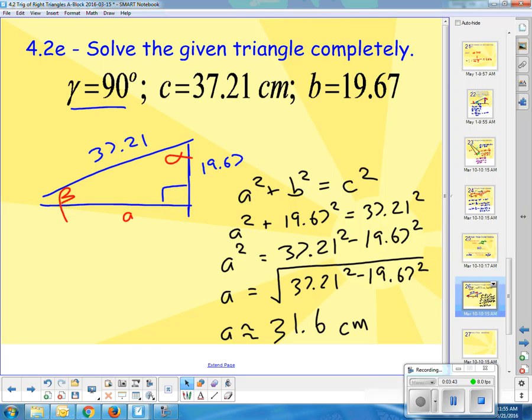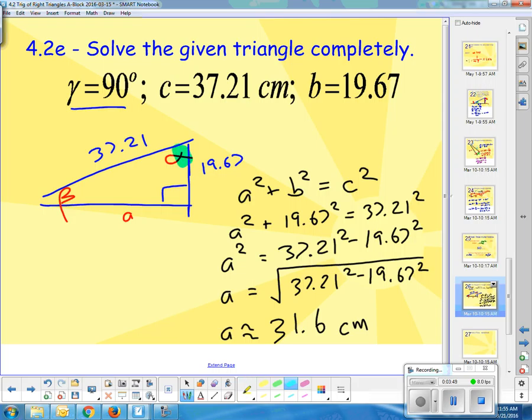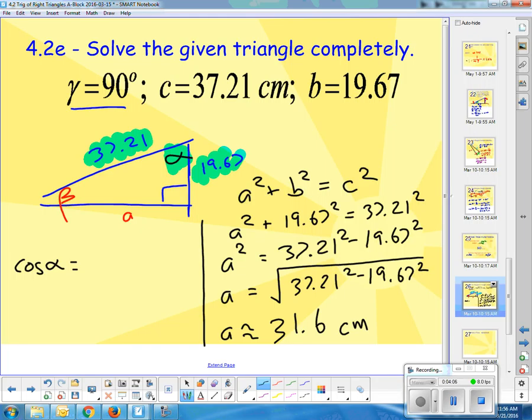Where I'm going to go with this particular problem is I'm going to look at my angle alpha and recognize that I have the 37.21 and the 19.67, the side that is adjacent and then the hypotenuse. So that makes me think of the cosine function. So cosine of alpha defined as adjacent over hypotenuse.